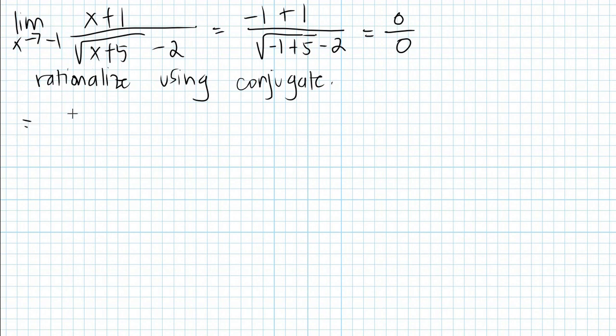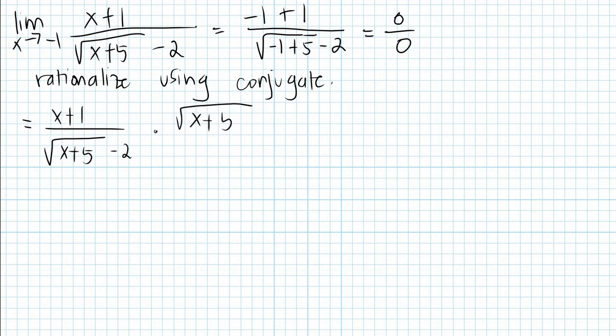So that will be x plus 1 all over the square root of x plus 5 minus 2, multiplied by the square root of x plus 5 plus 2 all over the square root of x plus 5 plus 2. So that is just all equal to 1, so that's just multiplying it by 1. Now let's multiply.